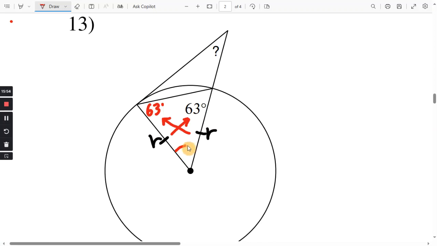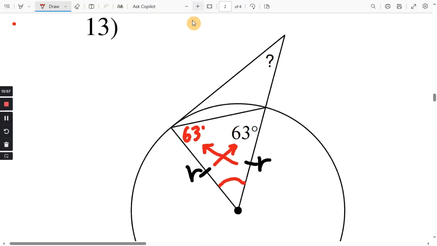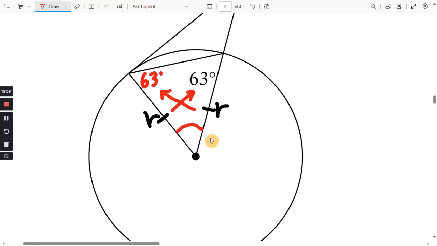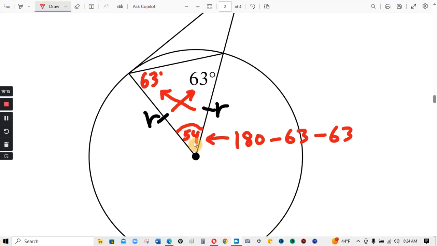So within this small triangle right here, if those two are 63, that angle is going to be 180 minus 63 minus 63, because the angles inside of a triangle add up to 180. All right, and I get 54 for that angle there.